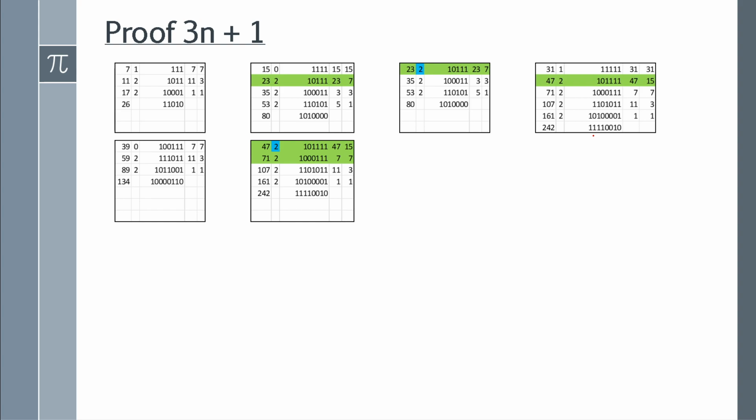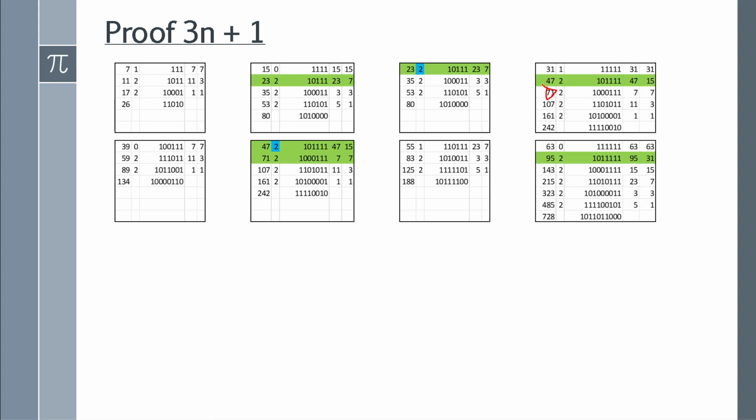So you can see, I lost my little arrow. So 71 is over here as well. I mean, that whole chain, right? You can't change those. 95 comes into 63.